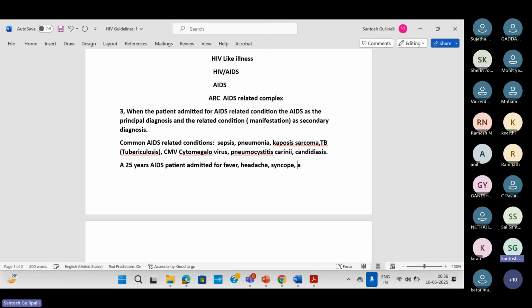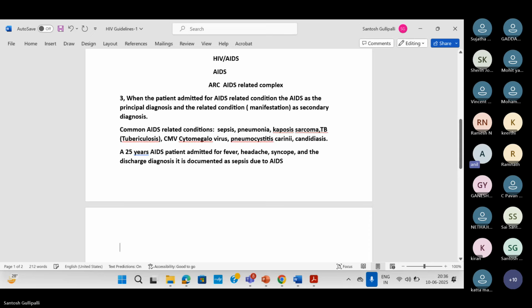And the final discharge diagnosis is documented as sepsis due to AIDS. So in this example, what is the PDX?